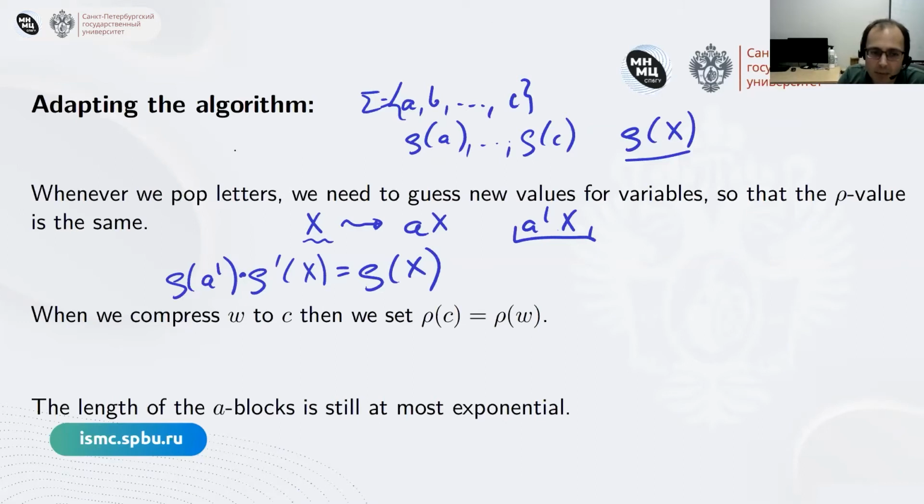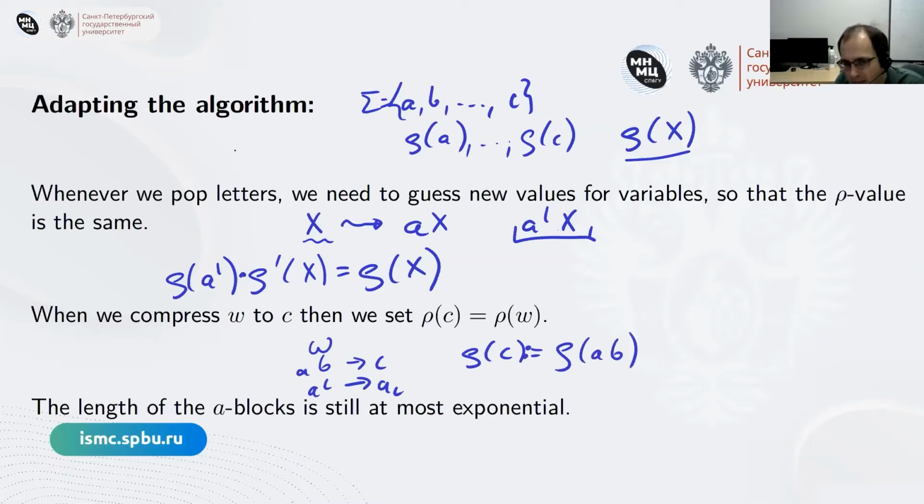And the other is that when we replace some word, be it a pair or some a^l, by a new letter c or by a new letter a_l, then we need to say what the transitions are for those new letters, and they are, well, natural. So if c replaces a pair ab, of course we define the transition for c as the transition for a times the transition for b, and the same for this new letter a_l: it is the transition for a to the power l.